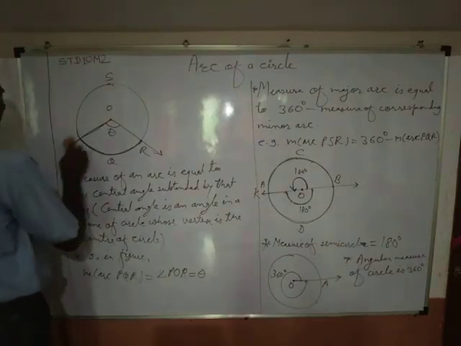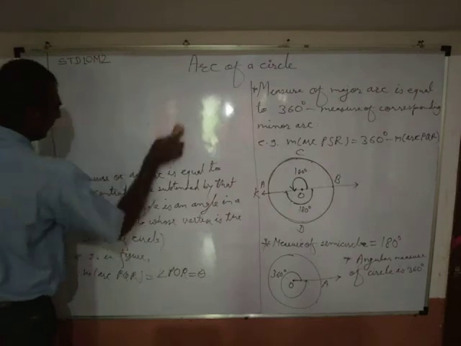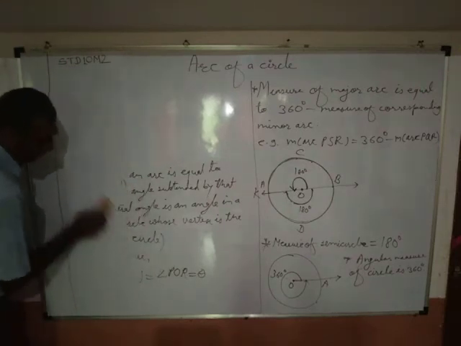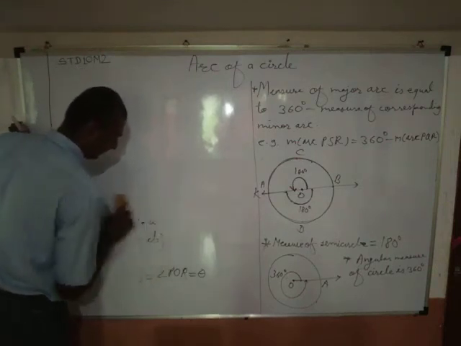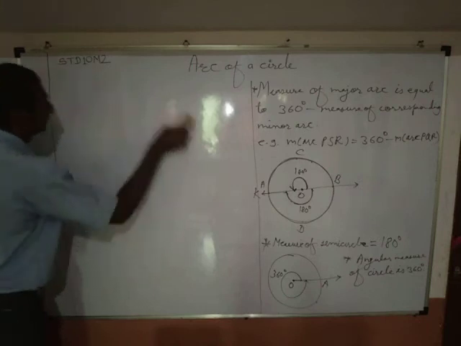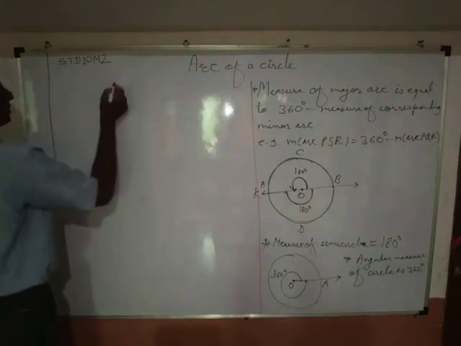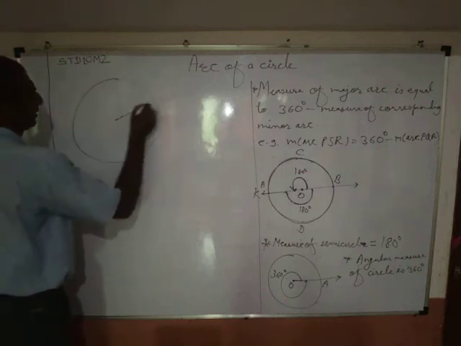Now next, congruent arcs. What are congruent arcs? Arcs with equal radii and equal measures are called as congruent arcs. Let's see here congruent arcs. It may happen in a same circle.